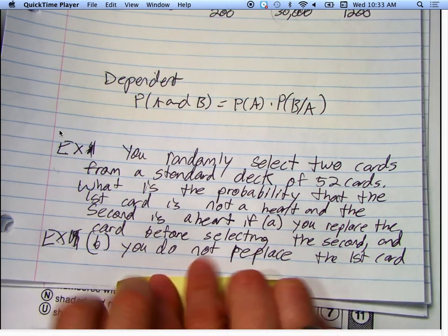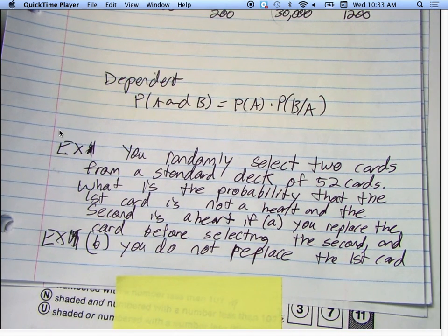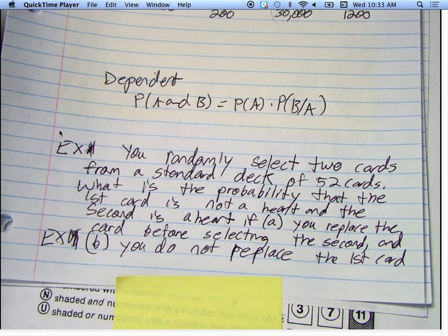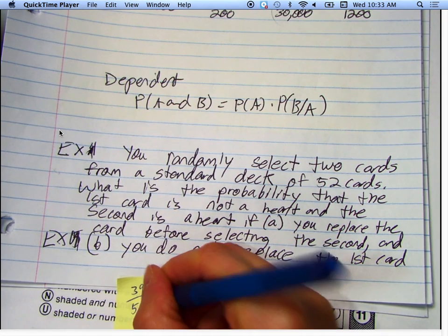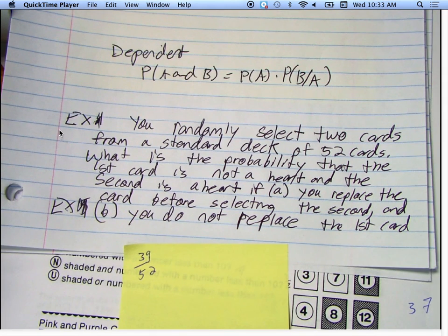Alright. For A, I'm replacing it. So what is the probability of choosing not a heart? How many cards are in the deck that aren't hearts? I'm going to just say 39 out of 52, just so we keep clear that we're doing it with 52 cards. Okay, so yes, reducing it would be that. Whatever card we pick, there's 39 out of 52 chance that it's not a heart.